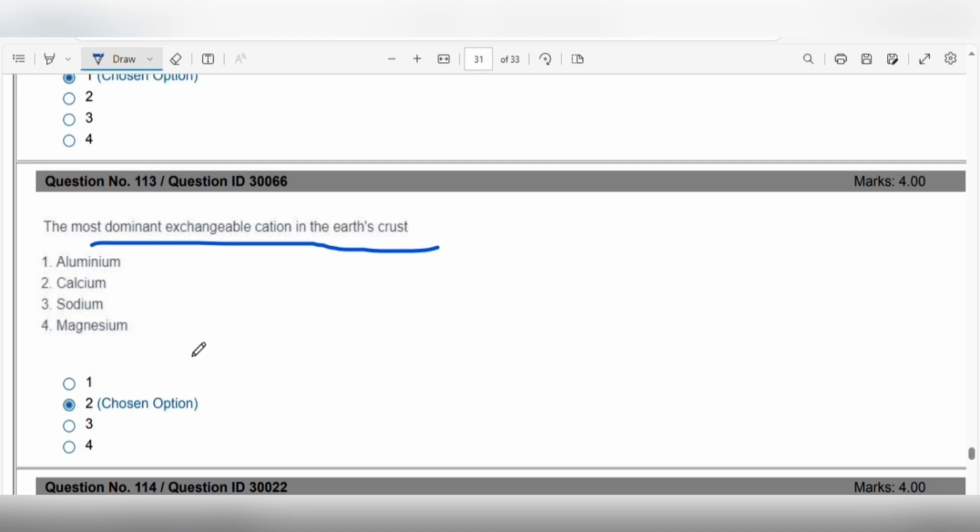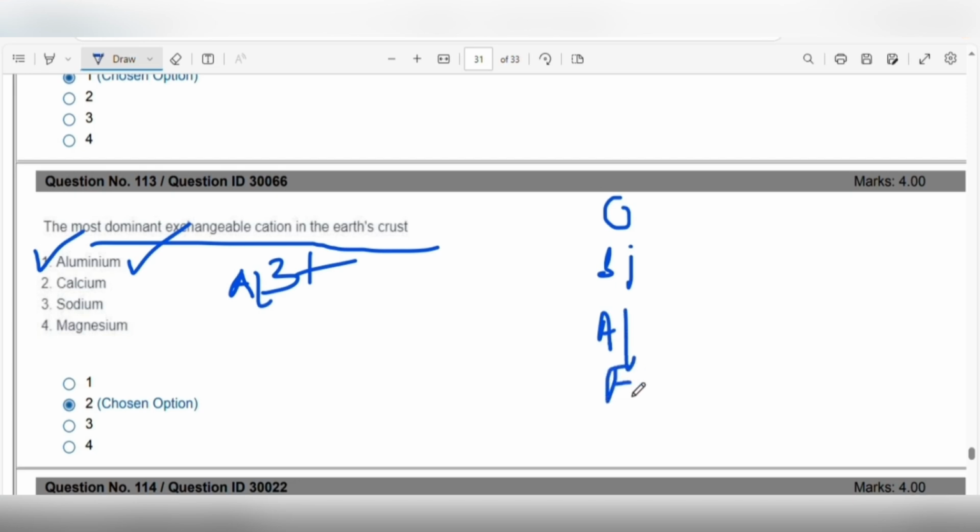The answer given is aluminium, and according to me also aluminium will be the correct answer, not calcium, because we know the percentage of the elements in the Earth's crust. The top is oxygen, then silicon, then aluminium, then iron, then calcium, sodium, potassium, magnesium.